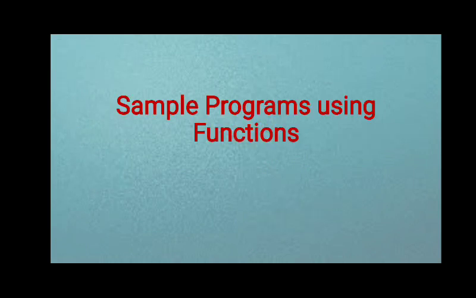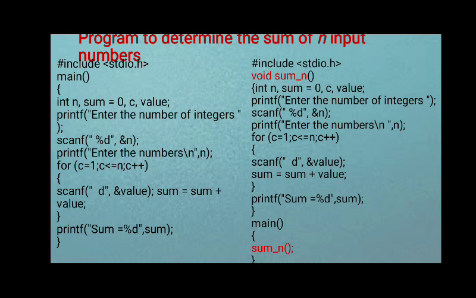Now moving on to some sample programs using functions. Any program that is written without using a function can be written with the help of a function. For that, you can use the simplest method, without return type and without passing any arguments. Take this example, to determine the sum of n input numbers.